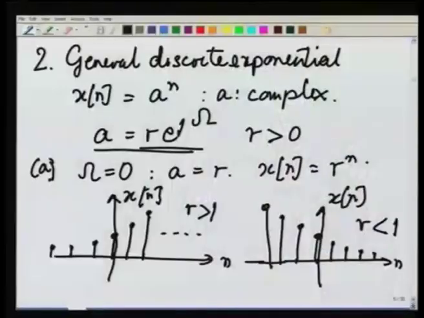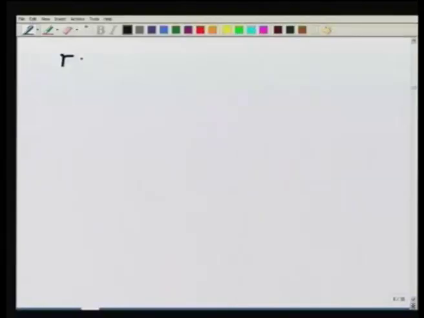Now, let us go on to what happens when r equals 1. When r equals 1, clearly r to the n is simply equal to 1 for all n. So, it is the constant function, you get a DC sequence.